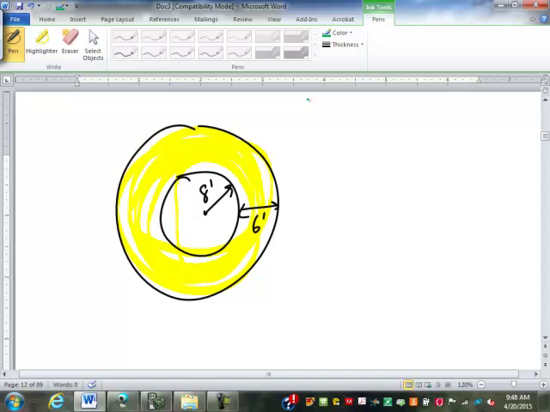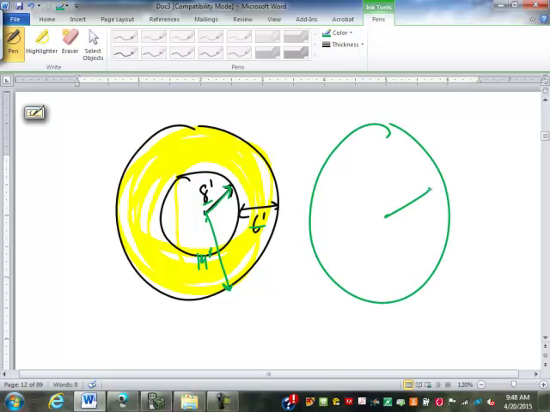What we have is two circles. This inner circle has a radius of 8. What's the radius of the outer circle? 14. Good. Where did that come from? 8 plus 6. Good. So I've got a big circle with a radius of 14.